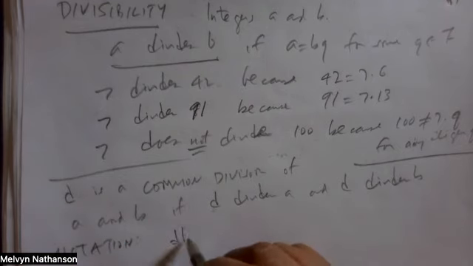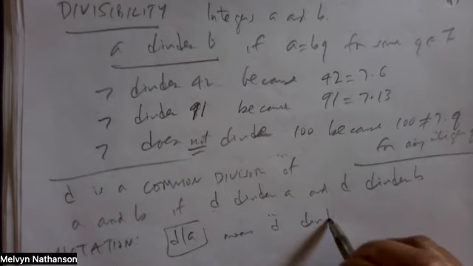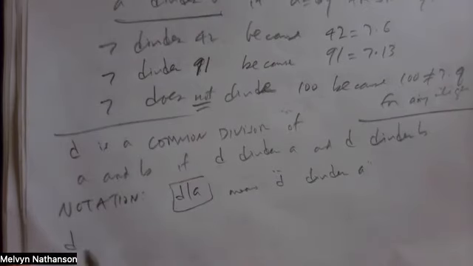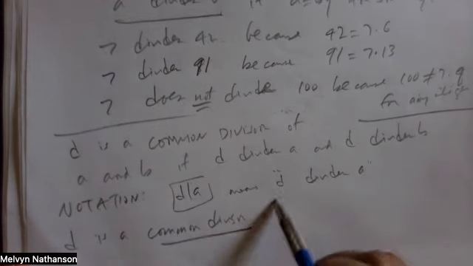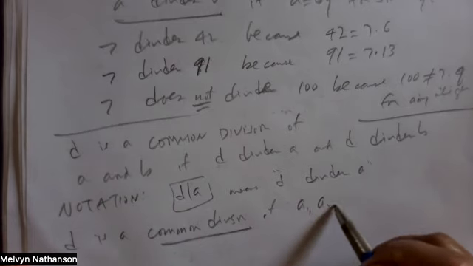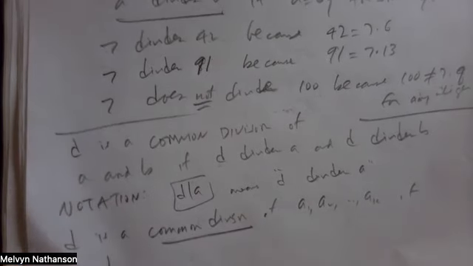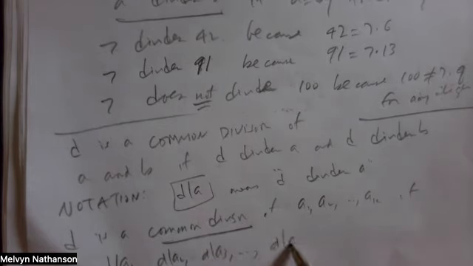To write D divides A, that's just a vertical line, this is just the notation for D divides A. And more generally, D is a common divisor of any finite set of integers, A1 up to AK, if D divides all of them. D divides A1, D divides A2, D divides A3, and so on. D divides A sub K.